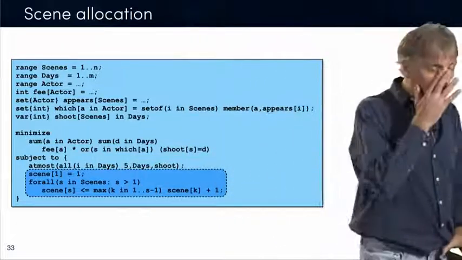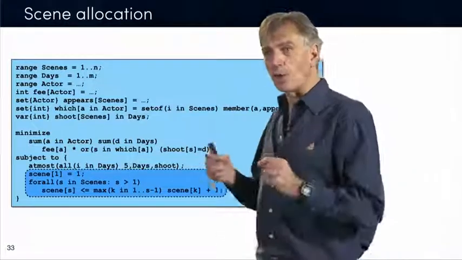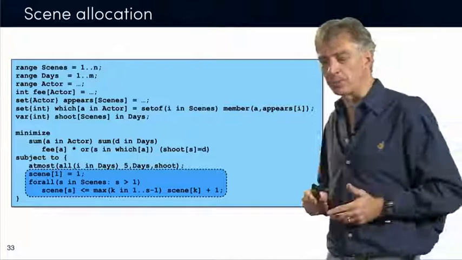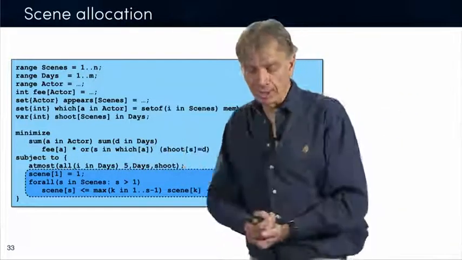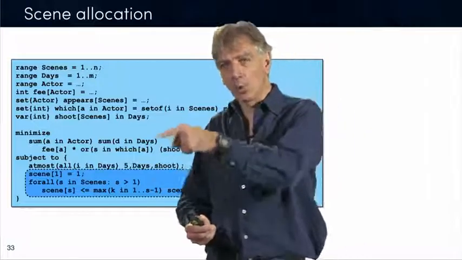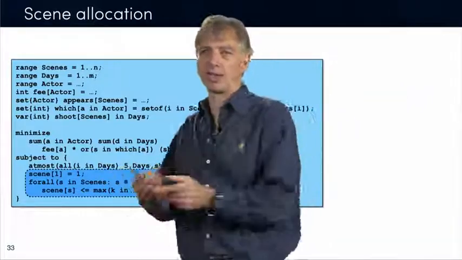Now, when you think about this and you think about search, these constraints had a dramatic effect on search. If you use the first fail principle, what's going to happen? Essentially, these constraints are going to dictate mostly the way you are doing search. Why? Because the first scene is already allocated. There is no choice.